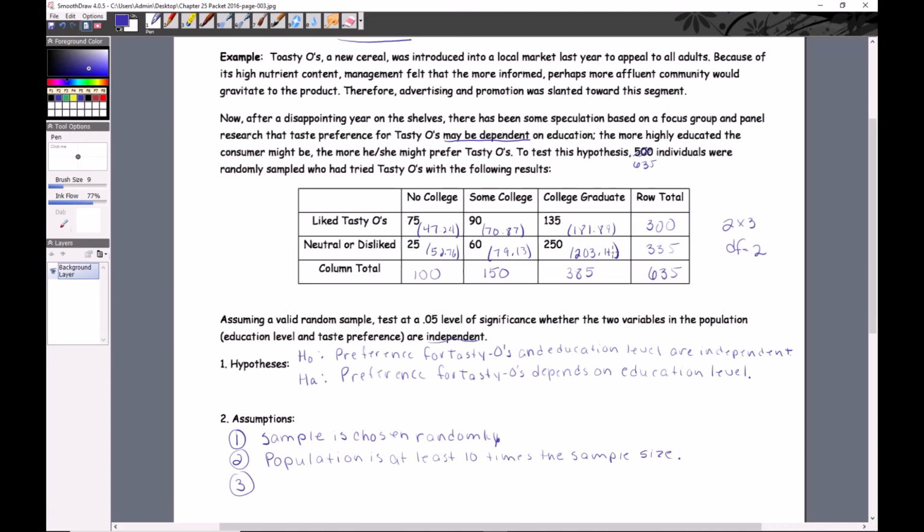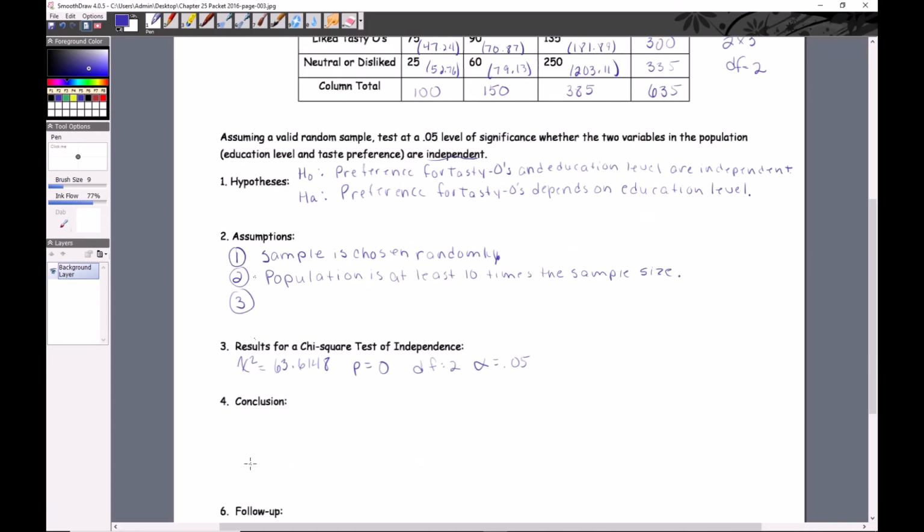That's all of them, and they're all above 5. So all expected counts exceed 5. So let me get this up here. All right, so we're good to go.